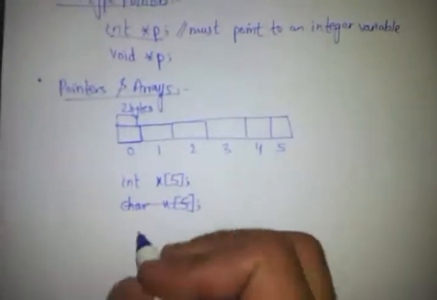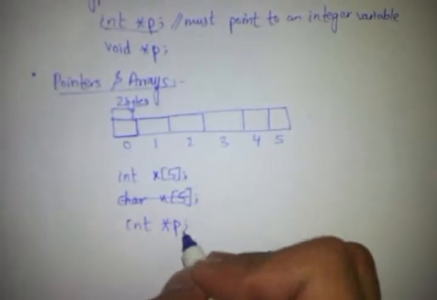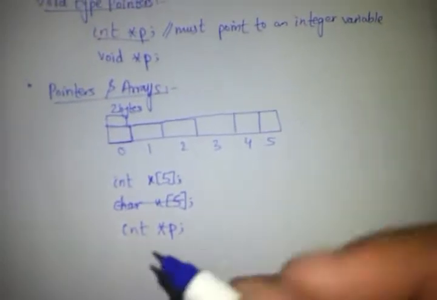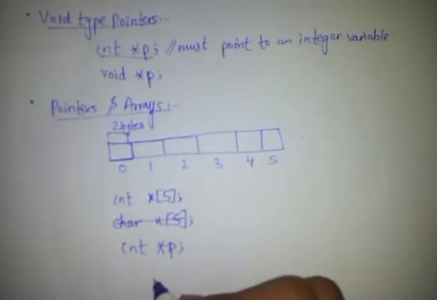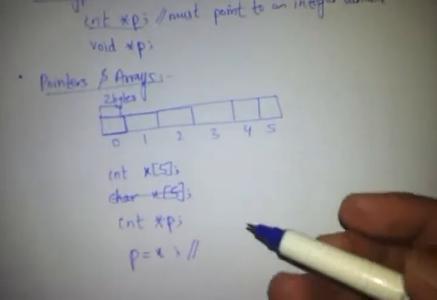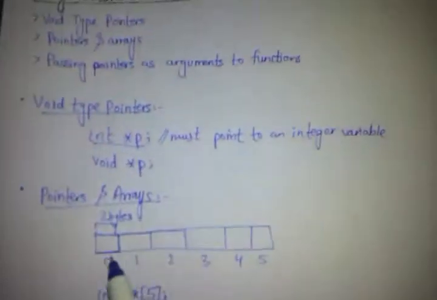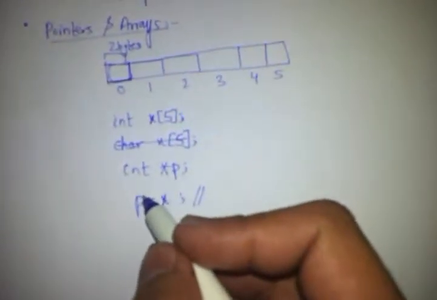So here we're going to declare a pointer p, and without indexing an array, or in simple words, by writing p is equal to x, what we are doing is getting the address of the starting location of this array x and giving it to variable p.